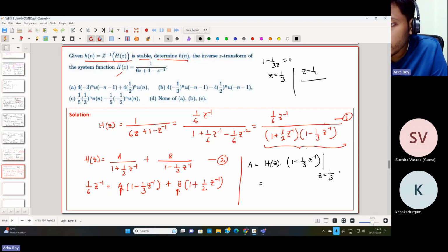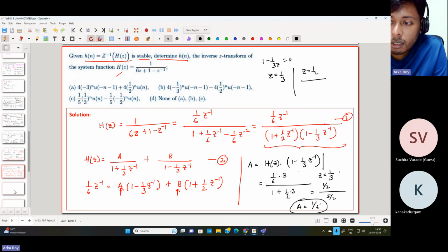If I multiply it with this factor, these two will cancel. So 1 by 6 and this is 3. So 1 plus half multiplied with 3, this will be 5 by 2. So 1 upon 5. So A is 1 by 5.